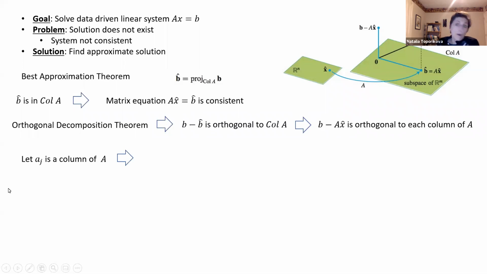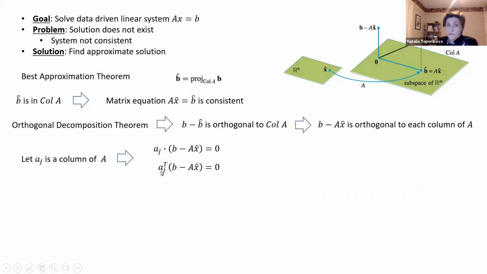Okay, let's take one of these columns and denote it aj. Since it's orthogonal, we know that the dot product of this column aj with the orthogonal vector b minus A x hat should be equal to 0. It's just the definition of orthogonality. We can also write this dot product as the product of the transposed column aj transpose and b minus A x hat.